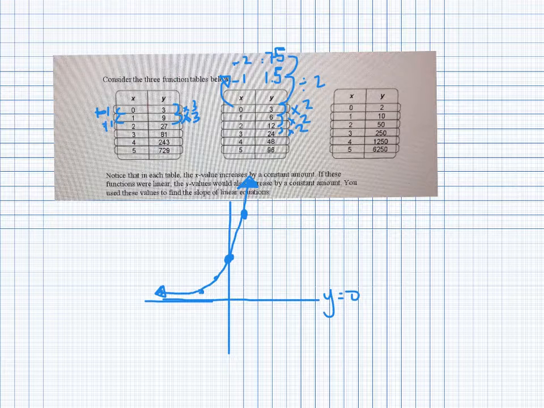Similarly for this table, we start at 2 and we go to 10, so that would be a times 5. 10 to 50 is a times 5, so you can see the pattern holds. You always want to check it for more than one number. And you're adding 1 every time on this side. Just be sure that that's what you're doing every time.